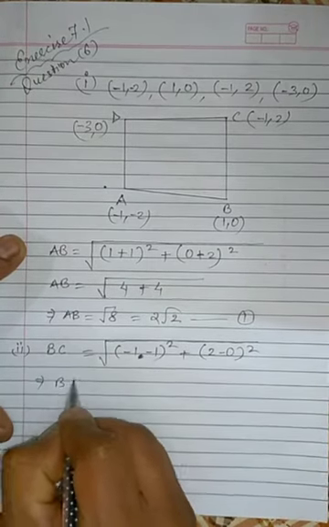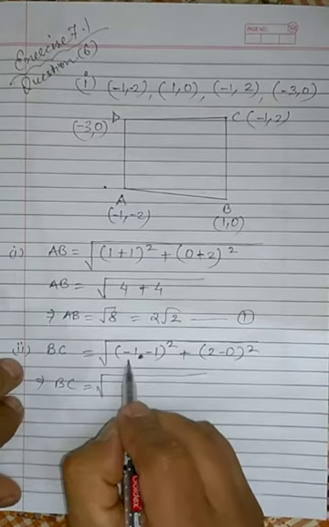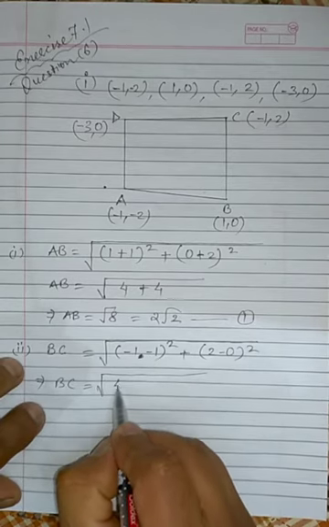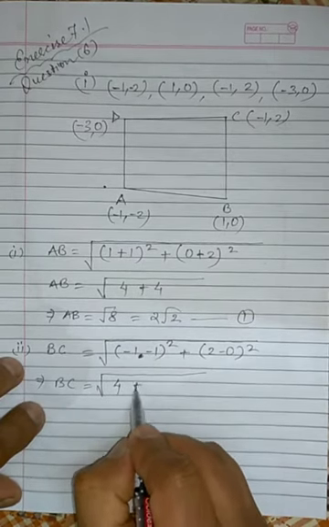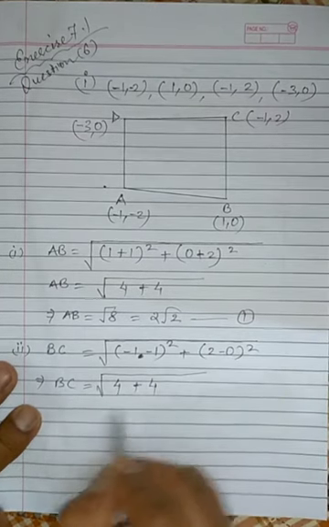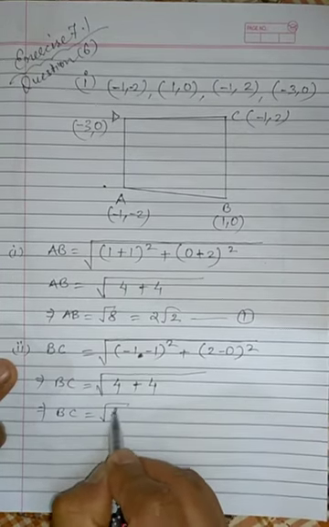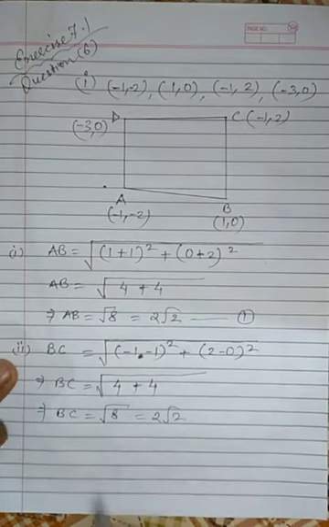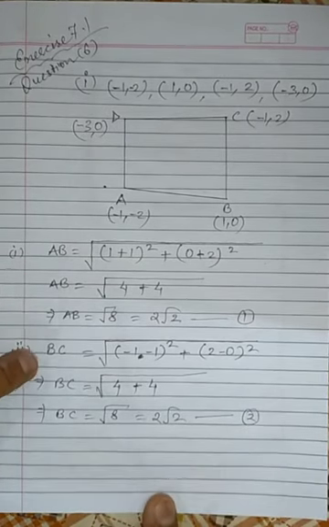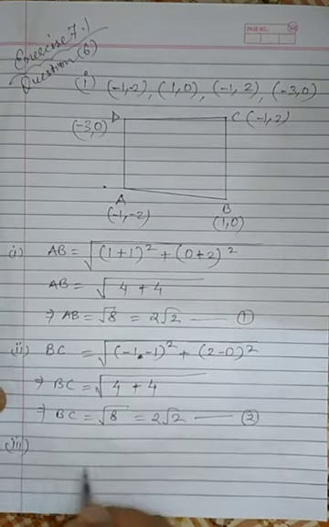That implies BC is equal to under root (-2) square, which is 4, plus 2 square, which is 4. So BC is equal to under root 8, which is equal to 2 under root 2. So till now we have got AB and BC both equal. Let's see the third one.